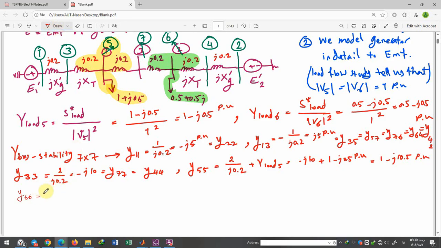So Y66 is 2 times of j0.2 inverse plus Y load of 6, which is equal to minus j10 plus half minus j half, equal to half minus j10.5 per unit.